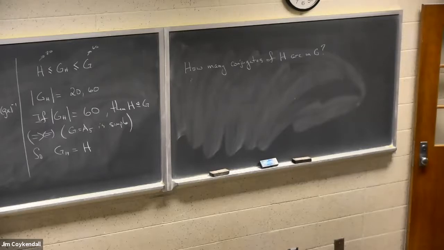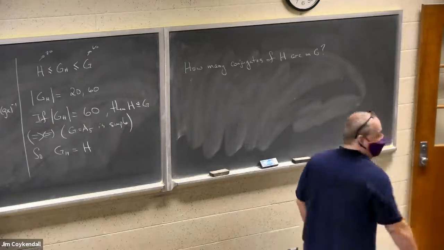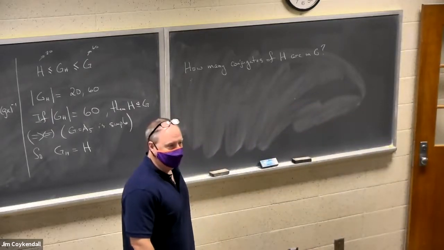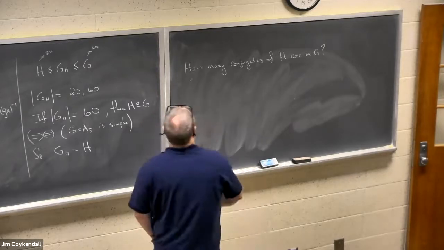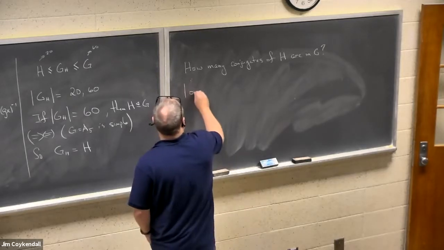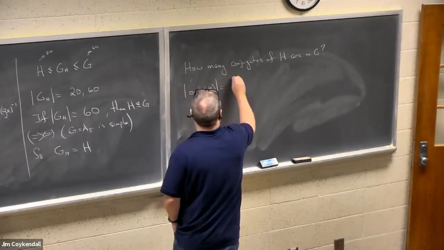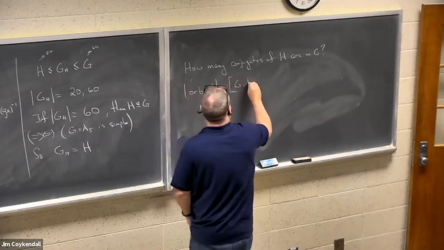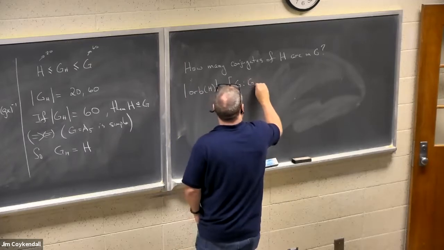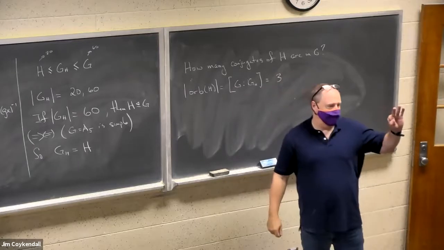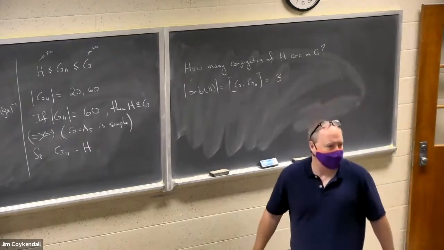So, this was my favorite thing. The length of the orbit is the index of the stabilizer. So there's three conjugates.